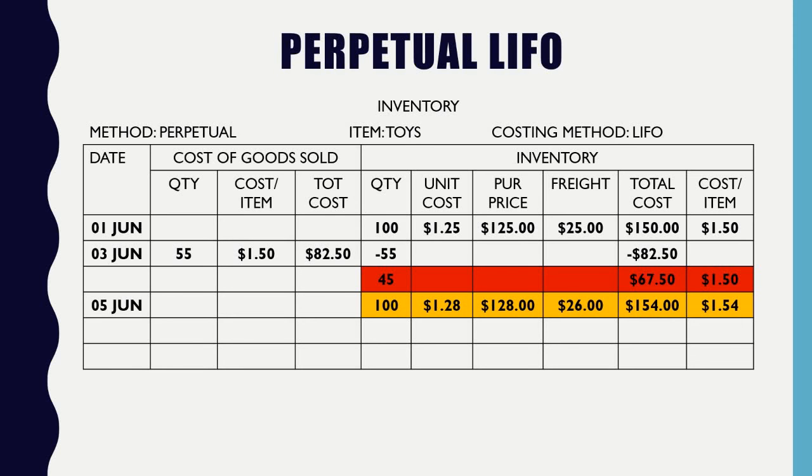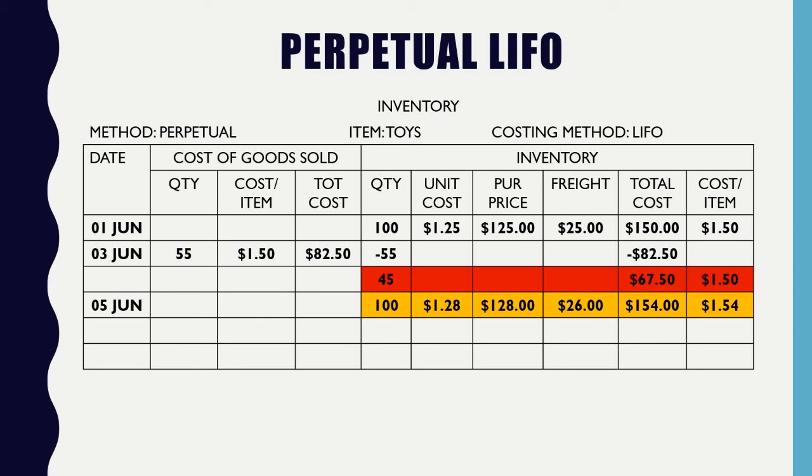Now we have actual batches for us to be able to use the LIFO method. If I were to sell something right now, which batch am I going to take out from? The yellow, because of the LIFO rule.